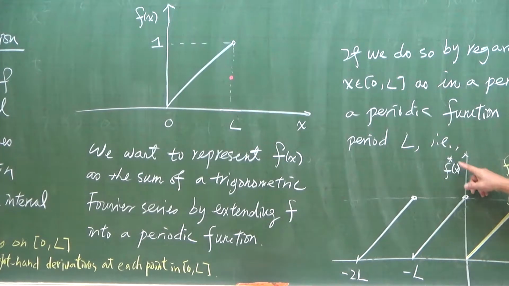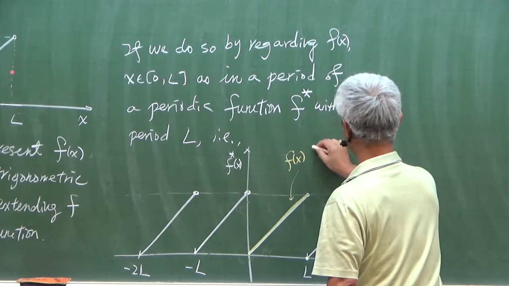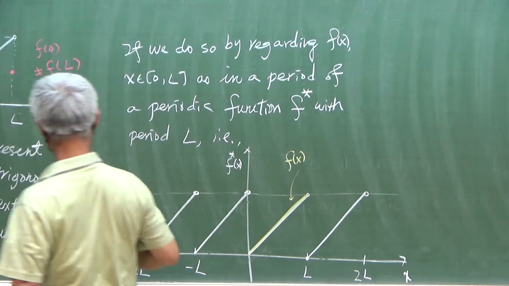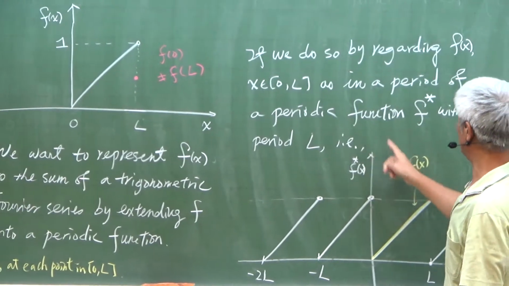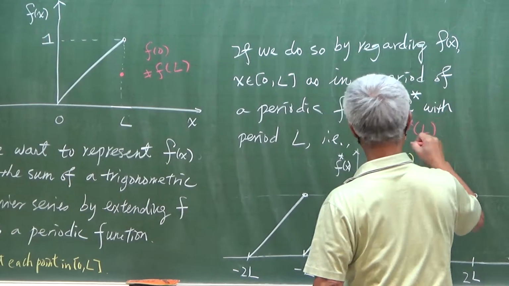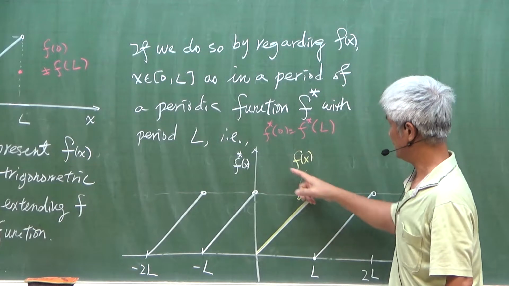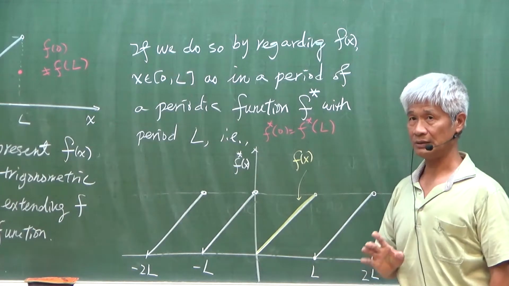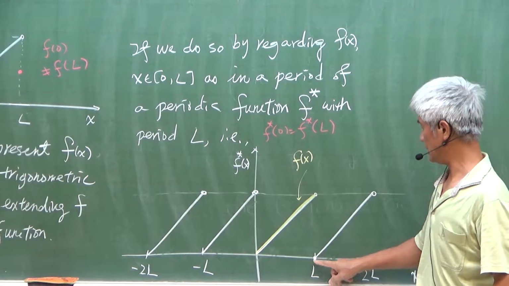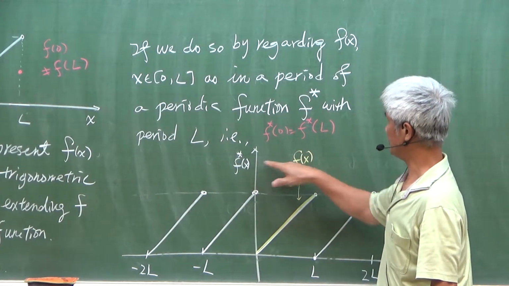But if we regard f star to be periodic, now you have a conflict, because in this case f of 0 is not equal to f of L. But for a periodic function, we require that f star 0 should be equal to f star L. And so you have a conflict just at one single point here, but that's fine.